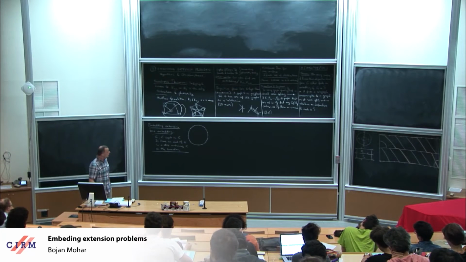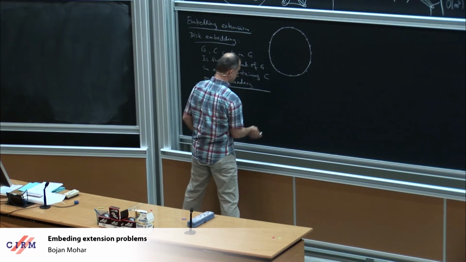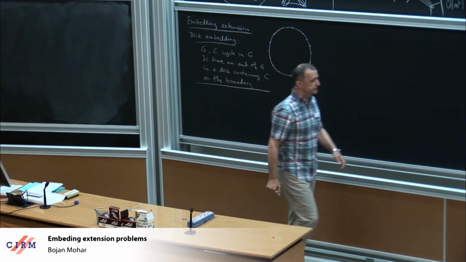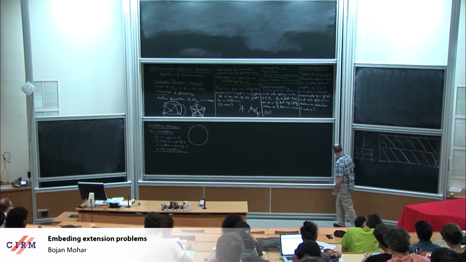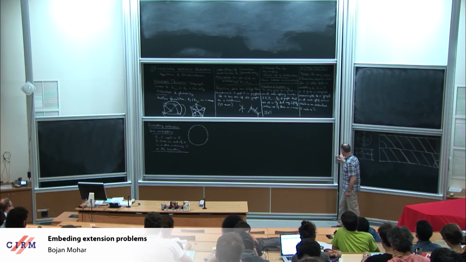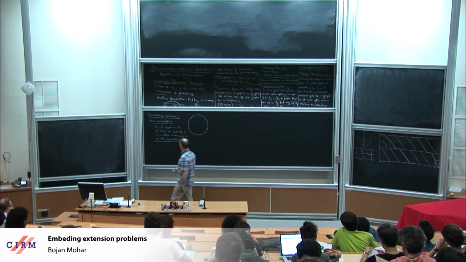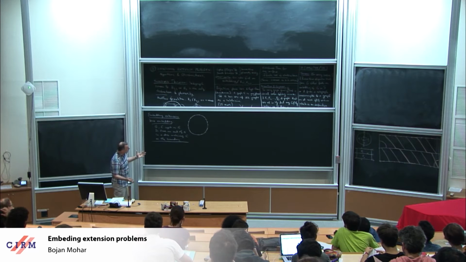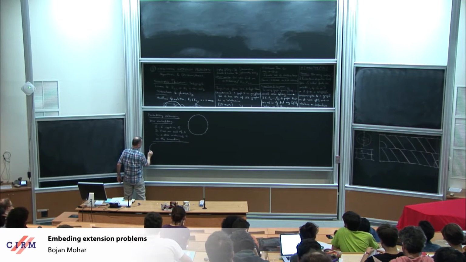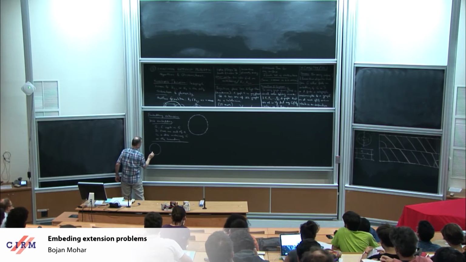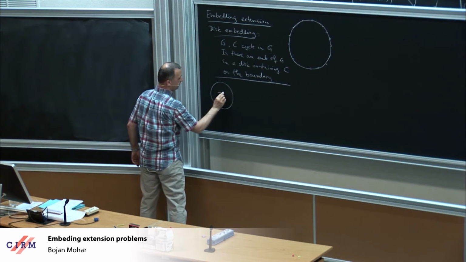Now, when dealing with this, let me first say what the theorem here is. There are different kinds of obstructions for this kind of embeddings. Let me first state just two, which are obtained by some kind of non-planarity. So for instance, you can have your cycle, and then you have maybe an edge here and a K5.